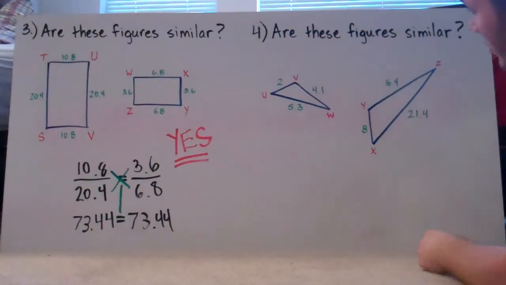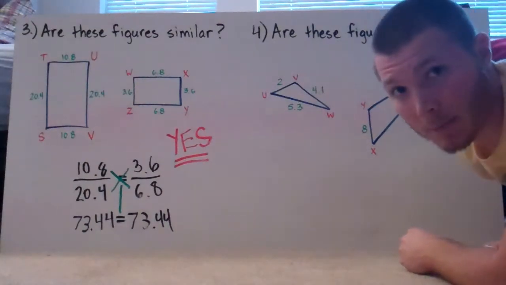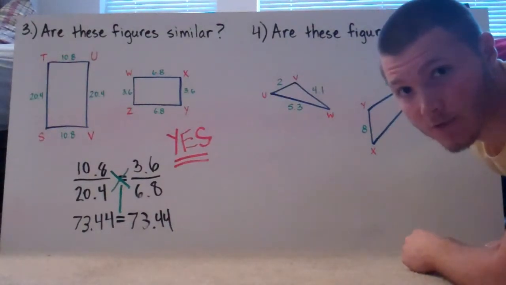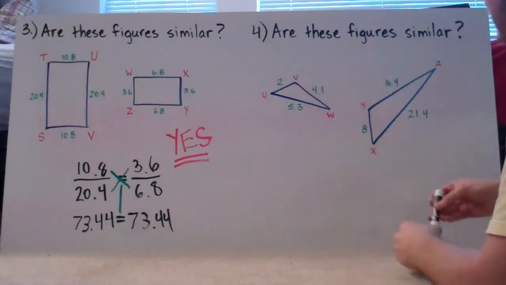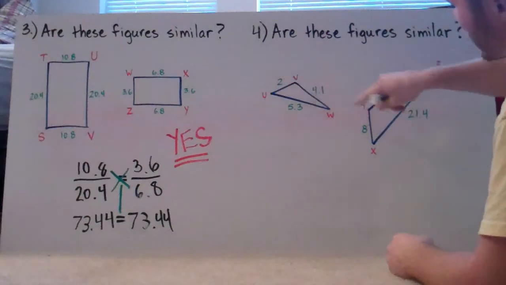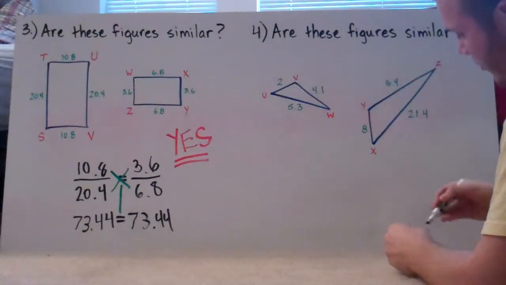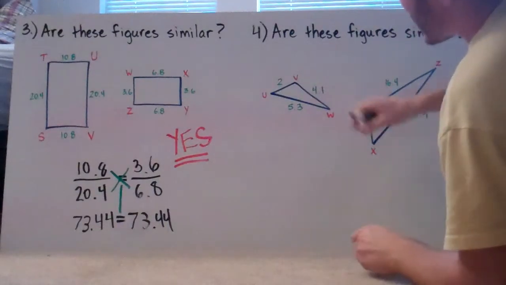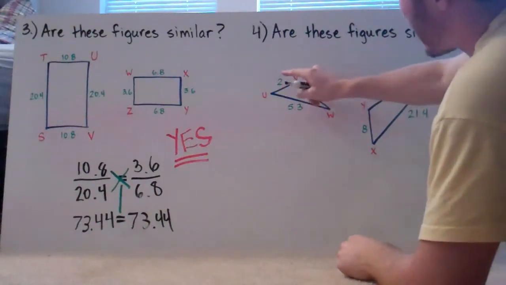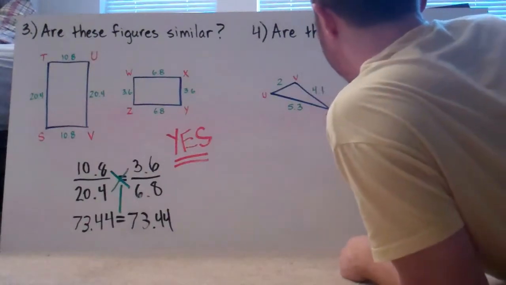Next, number 4. Are those similar? Well, let's see. Now I've got 3 combinations of side lengths to set up as ratios. First, we do 2, and that corresponds with the 8. So let's do 2 over 5.3. We'll do that one first.